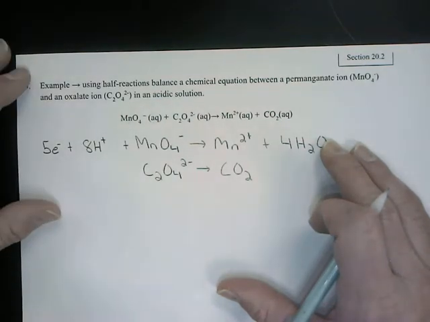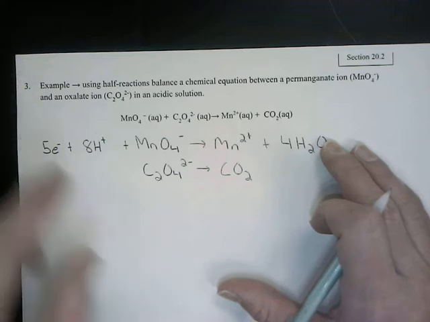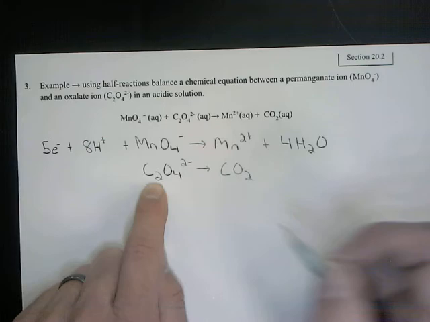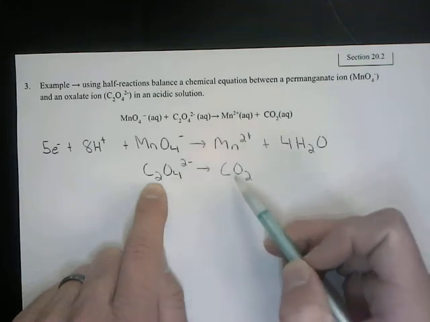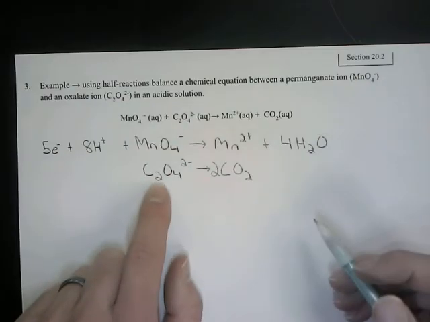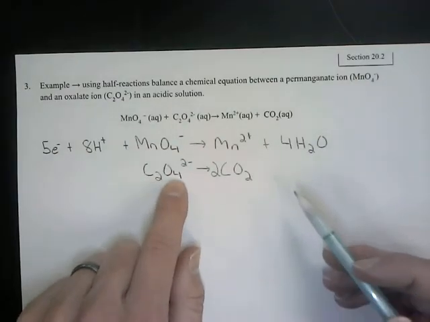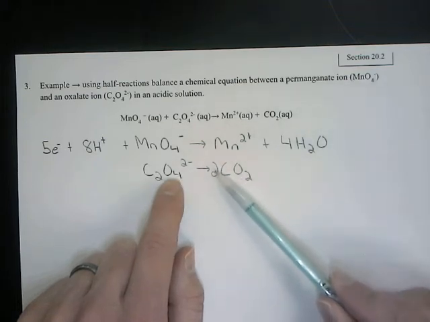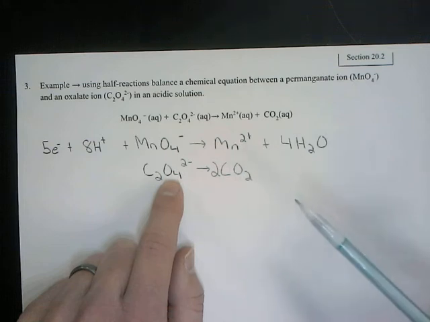We move down to our oxidation half reaction. So this one, we have 2 carbons. We have to balance everything except H and O's. We have 2 carbons on the right and only 1 on the left, so that means we need to put a 2 out in front. Now, we balance our O's by adding water if needed. So we have 4 oxygens, 2 times 2, 4 oxygens.